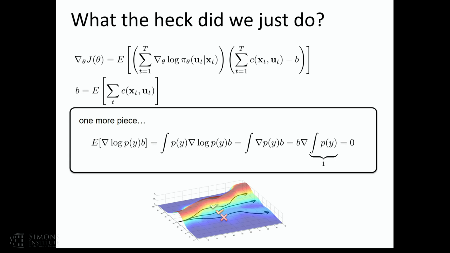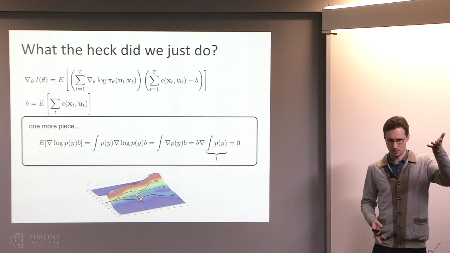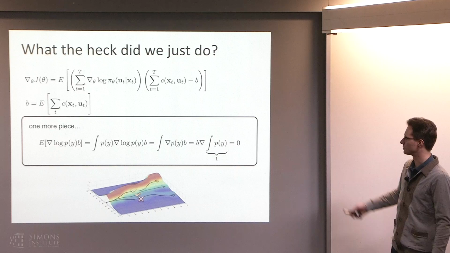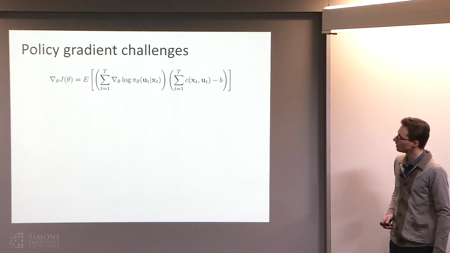So if you use this average cost baseline, that's basically what you're doing. For a sample that's better than average, make it more likely; for a sample that's worse than average, make it less likely; and deal with the stuff in between proportional to how much better or worse it is than the average. Hopefully that gives you some idea of what this algorithm is doing. It's a classic trial and error method. If you did better than you expected, make that more likely. If you did worse, make it less likely. So that's one of the standard RL methods.